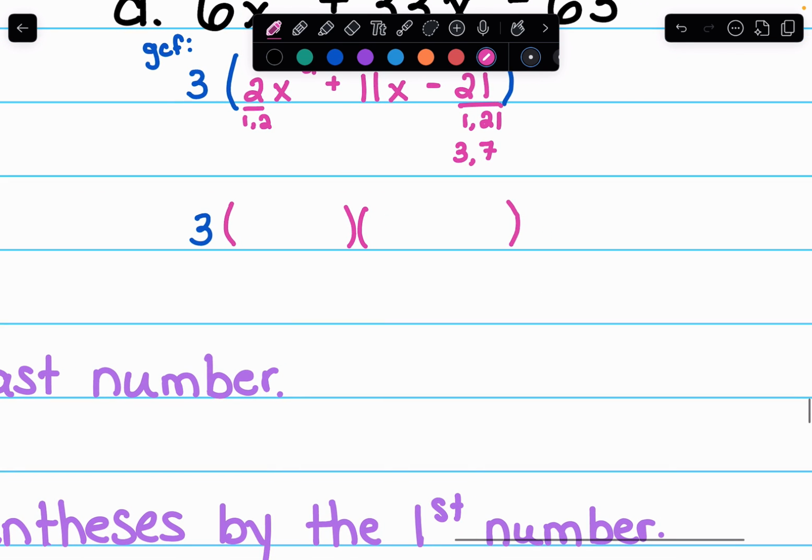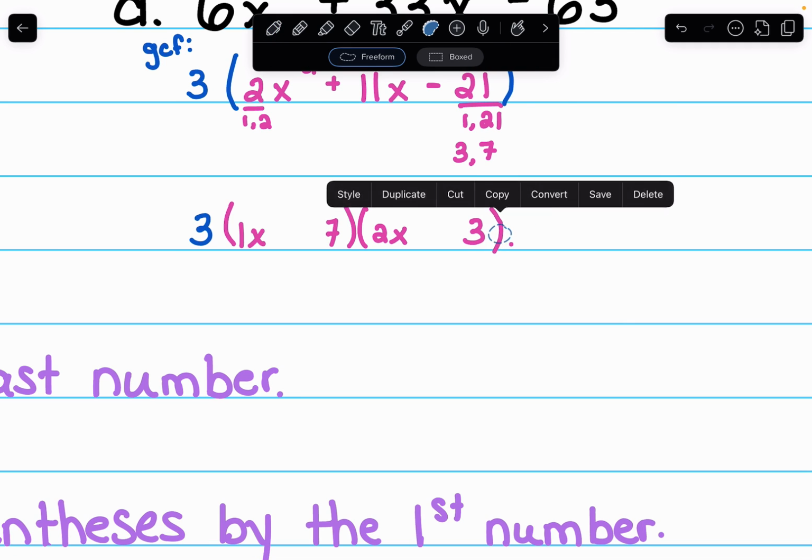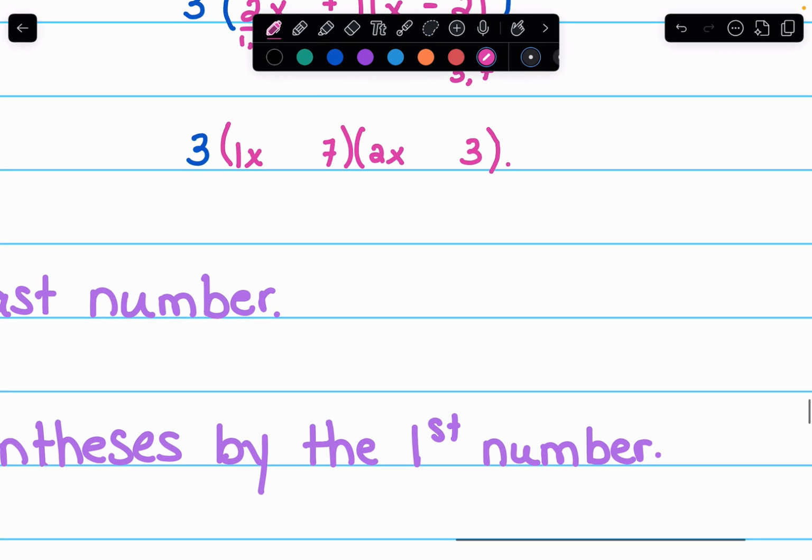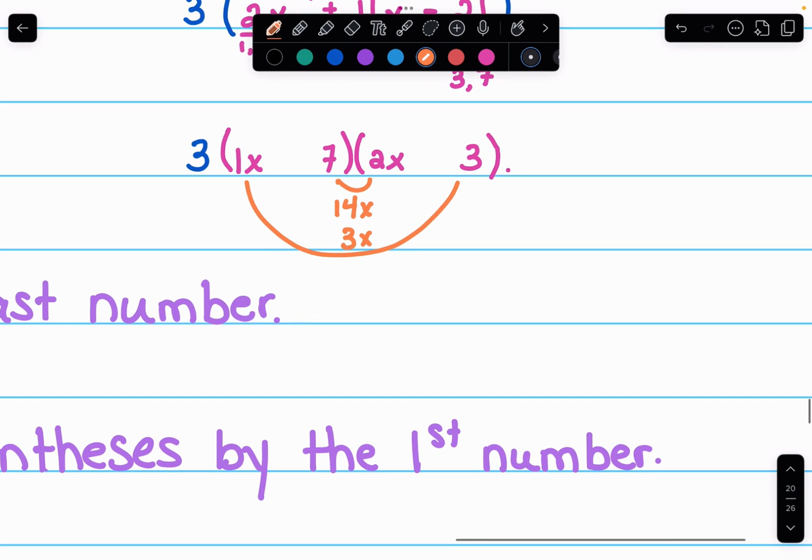All right, well, it shouldn't take you very long to figure out you're not going to use 1 and 21. You are going to use 1 and 2 because those are the only factors of 2. And then 3 and 7. So if I put 7 here and 3 here, let's see what I get. 14 and 3, and I need them to add to give me a positive 11.